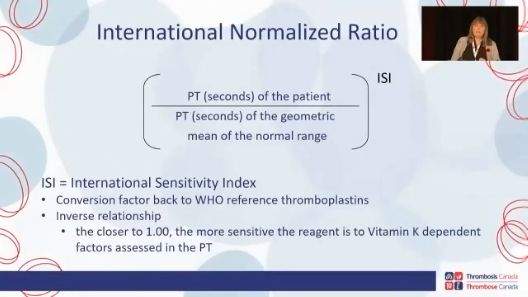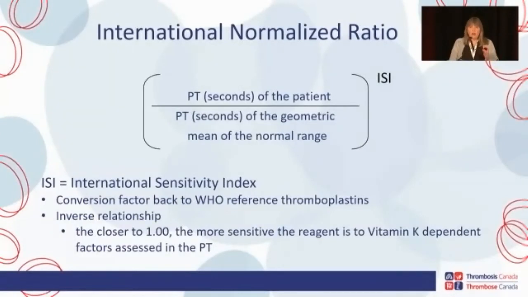And this is a conversion factor that takes our lab reagent back to the World Health Organization's referenced tissue factors. WHO has two referenced thromboplastins or tissue factors. One is rabbit and one is human. And labs, depending on which tissue factor they're using in their PT reagent, compare to that one.